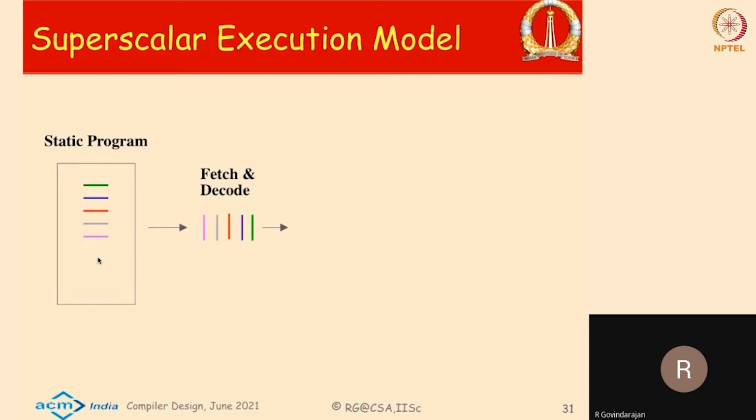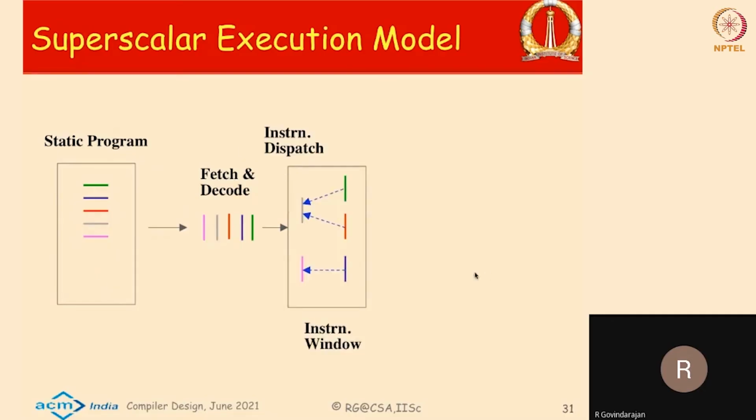It figures out that the green instruction produces a value which is going to be consumed by the gray instruction. Similarly, the red instruction produces a value which is going to be consumed by the gray instruction, and so on. It also figures out that there is no dependency between the green instruction and the red instruction, or between the red instruction and the blue instruction.